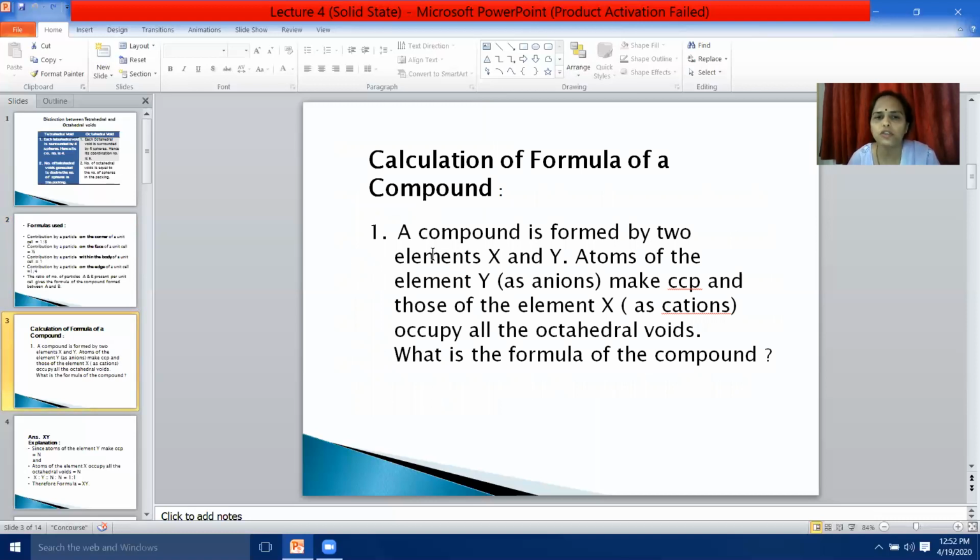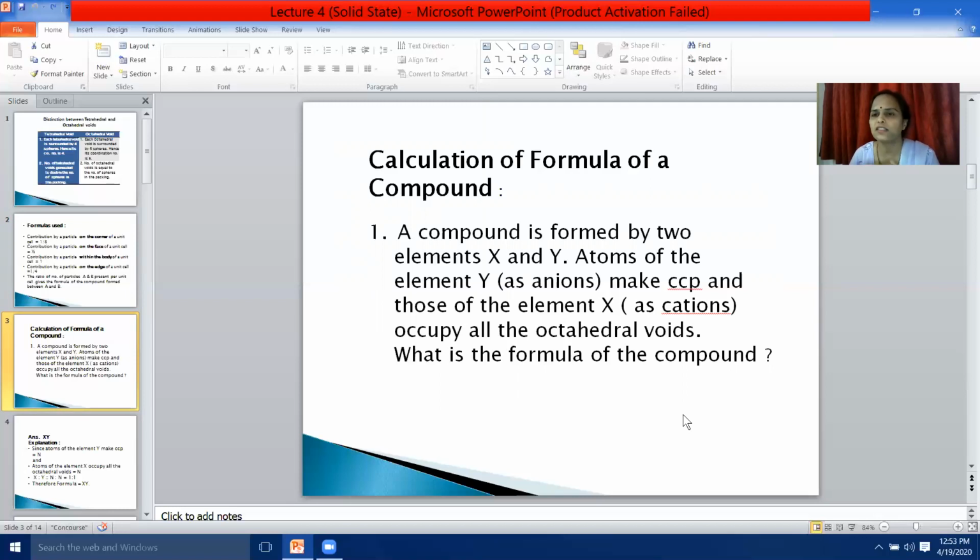Question number 1: a compound is formed by 2 elements, X and Y. Atoms of the element Y as anions make CCP, and those of the element X as cations occupy all the octahedral voids. So what is the formula of the compound?